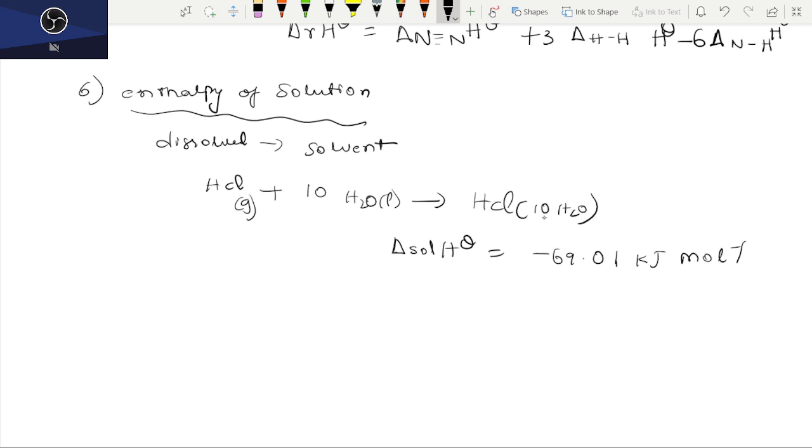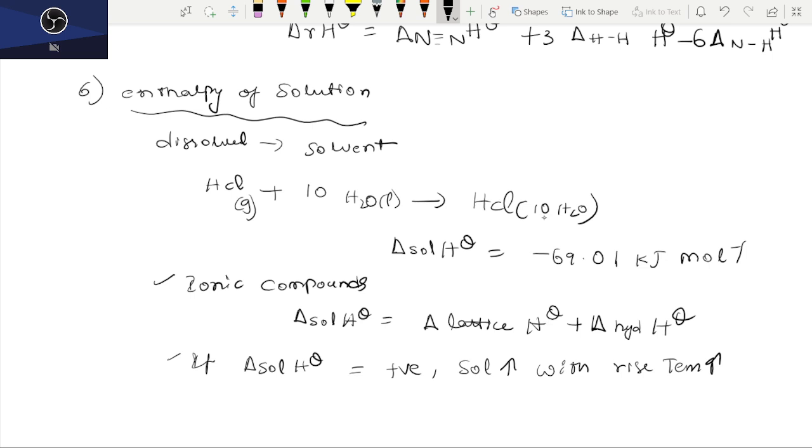If delta solution H power naught is negative, solubility is going to decrease with the rise of temperature. That is what I am trying to say.